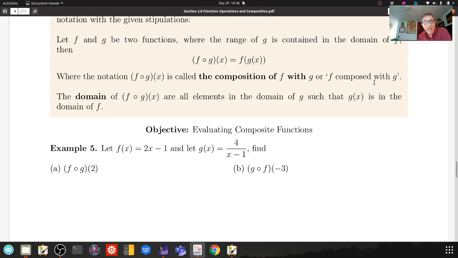The domain, and here's the definition, of f composed with g of x is all elements in the domain of g such that g of x is in the domain of f. So when we try to find the domain of a composition of functions, it's either going to be the domain of g itself or a smaller set.